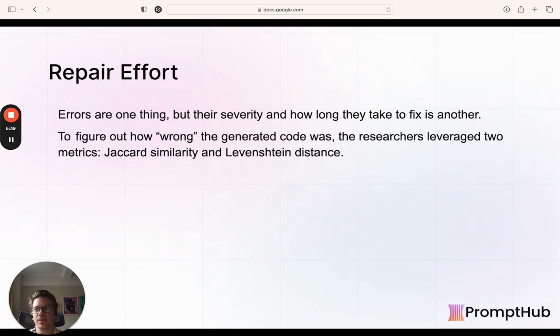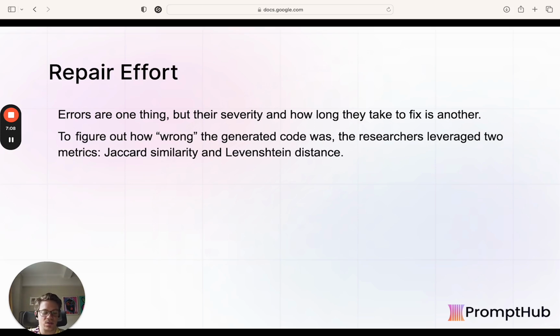Jaccard similarity basically looks at all the tokens and then measures the overlap between what is the correct output and what the output from the model is. Levenshtein distance measures the number of edits needed, whether that's an insertion, deletion, or a substitution, to correct the incorrect code snippet. So you want a lower Levenshtein distance, that would indicate fewer edits.